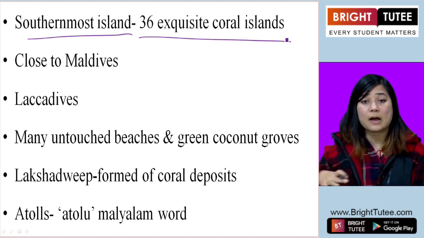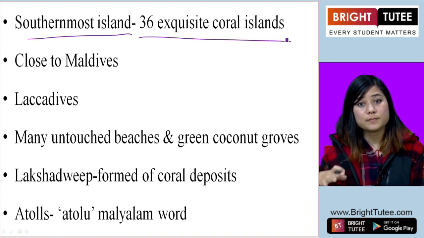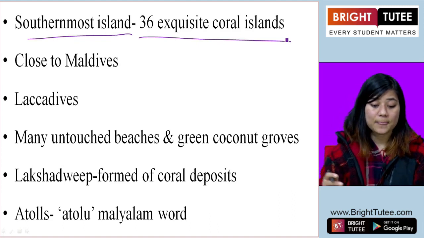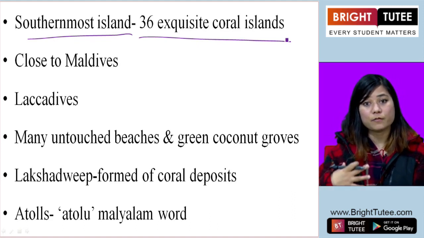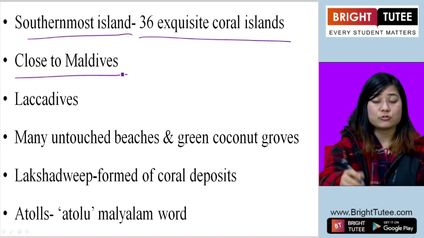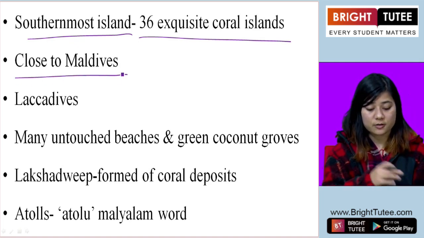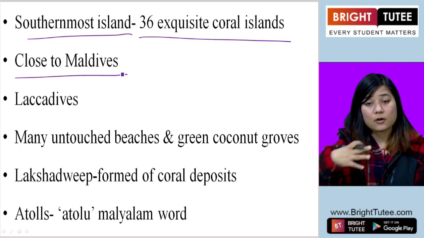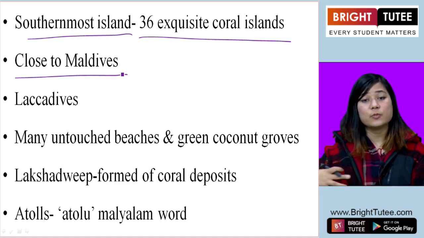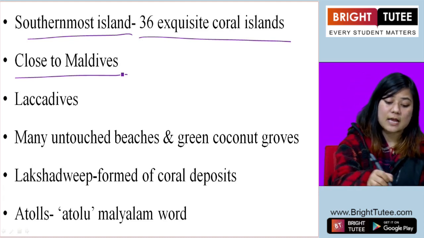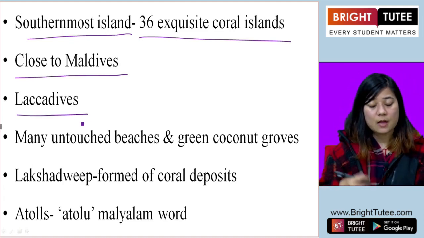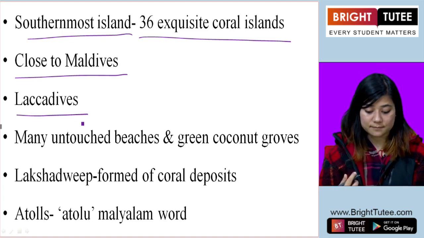The southern part of it is formed by coral islands, and this southernmost part is very close to the Maldives, another country. These coral islands lying towards the southernmost part used to be called Laccadives, but are no longer called that.